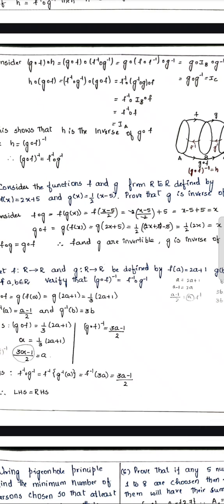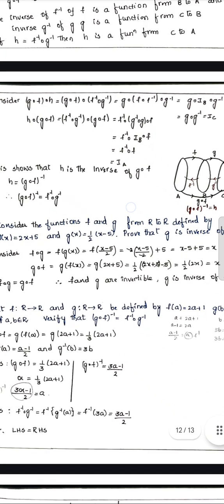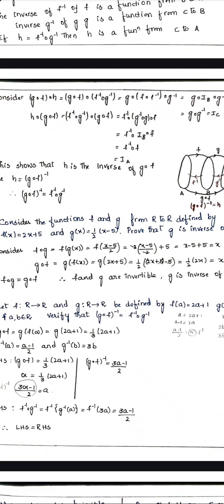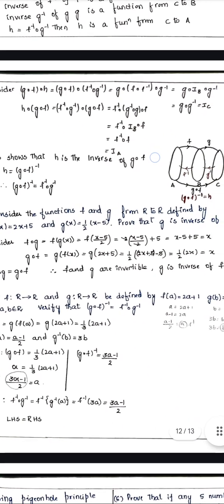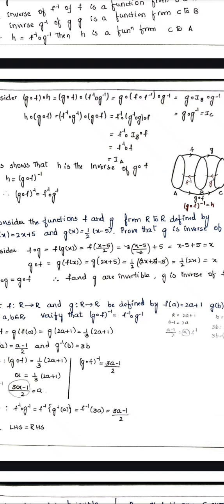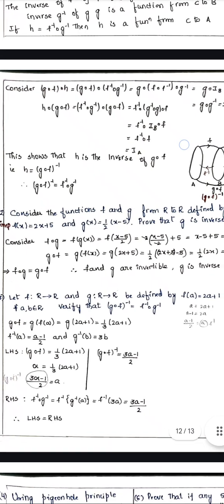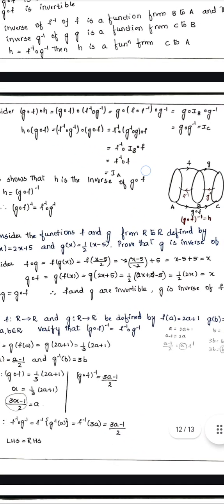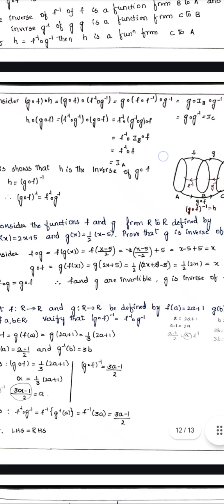Then h of g of f equals f inverse of g inverse of g of f. g inverse of g becomes I_B.